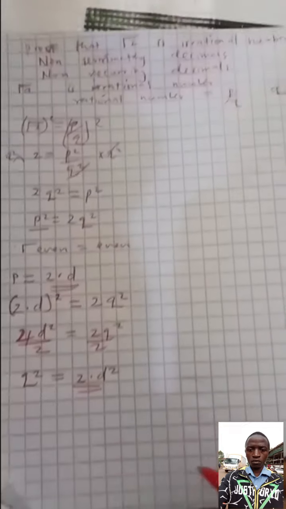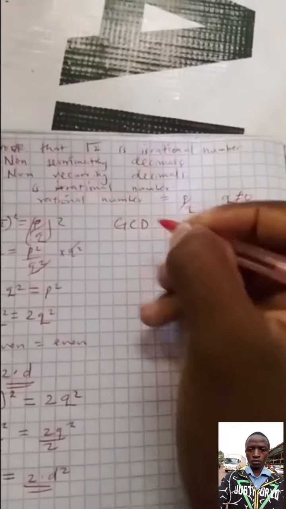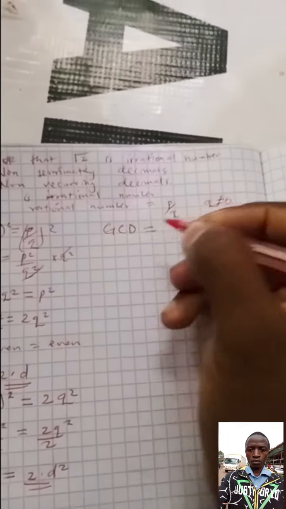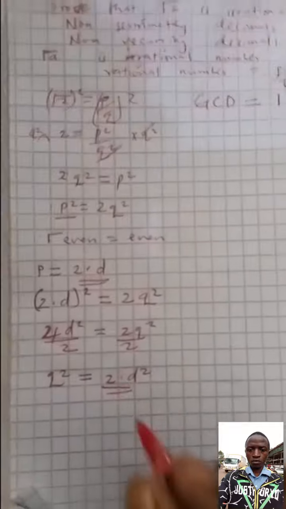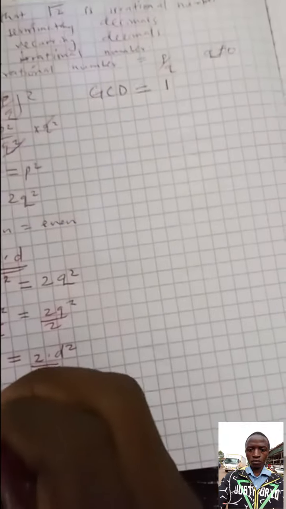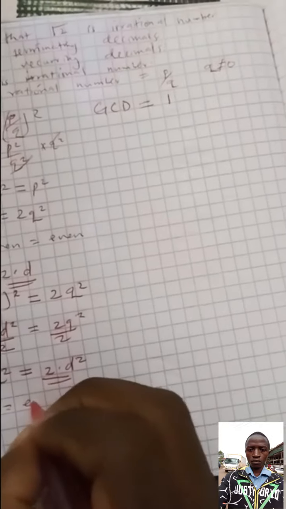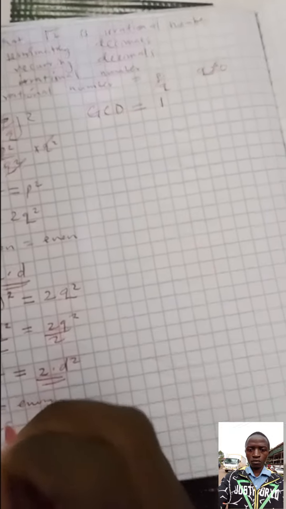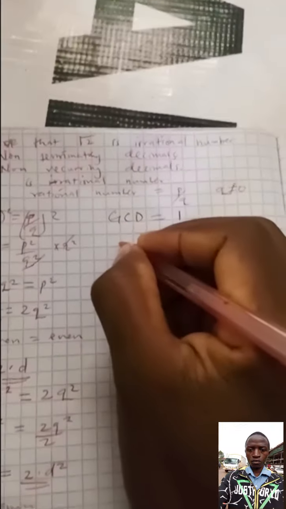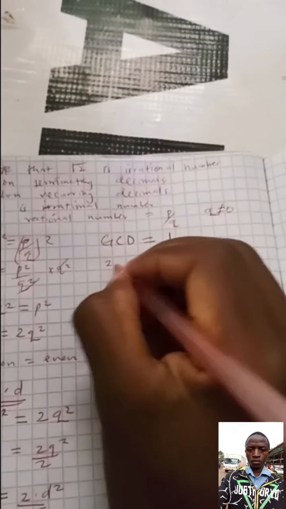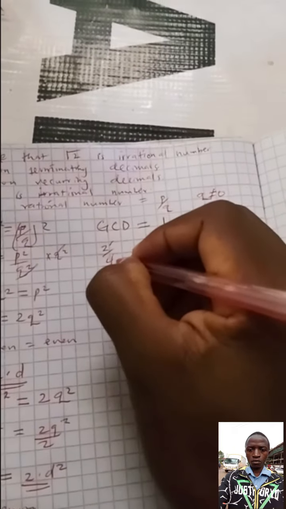But by the first assumption, the GCD of a rational number's numerator and denominator is always 1, but here we are getting that p was an even number and q was also an even number, which means it's like writing 2 over 4, this being p, this being q.